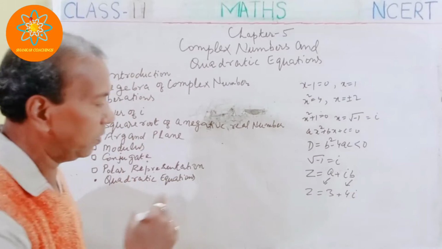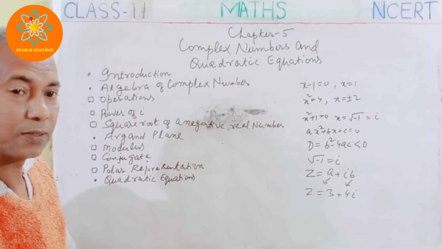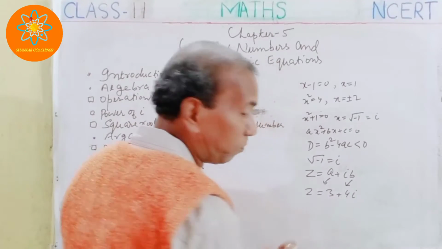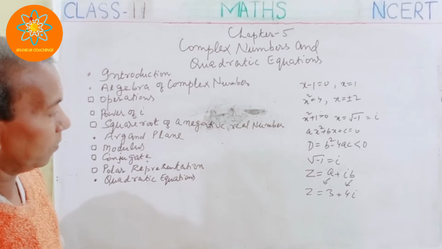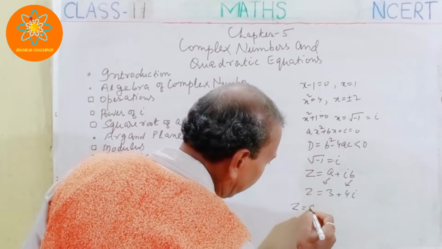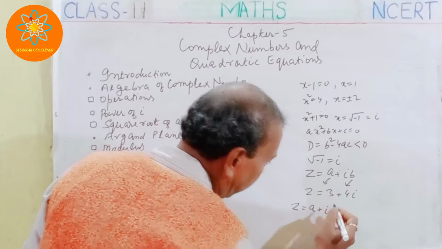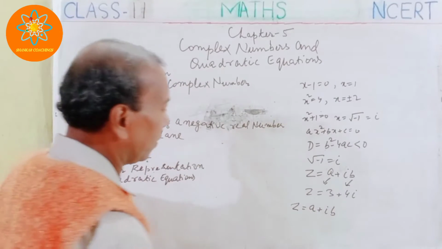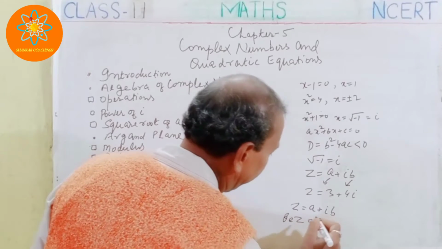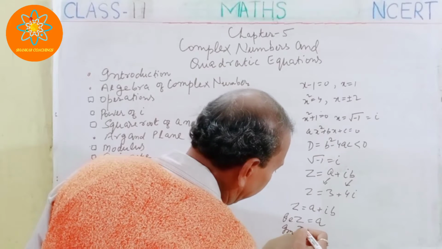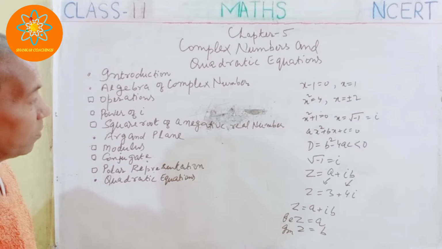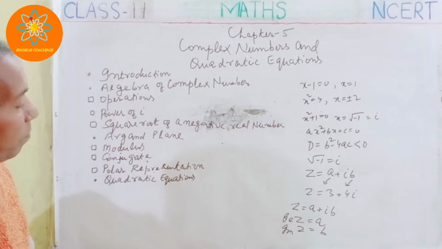This is a complex number, and 3 and 4 both are real numbers. So if z is the representation of the complex number, then the real part of z is equal to a, and the imaginary part of z is equal to b. So this is all about the introduction part of the complex number.